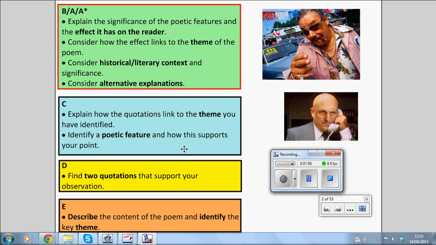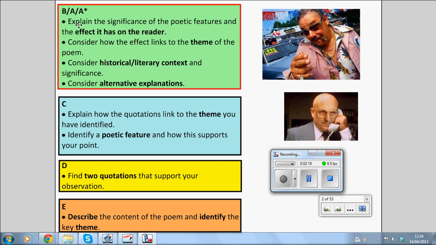So if you think the poem is about conflict, or it's about race or discrimination, prejudice, whatever you think the theme is, you've got to be picking up the quotations to link to that theme, link to that question. You need to make sure that you're identifying poetic features, so identifying things like similes or metaphors, onomatopoeia, and thinking about how that supports the point that you're making, what's the effect of using those techniques.